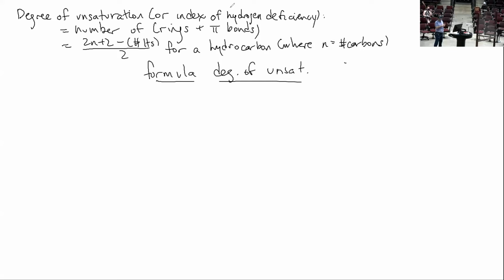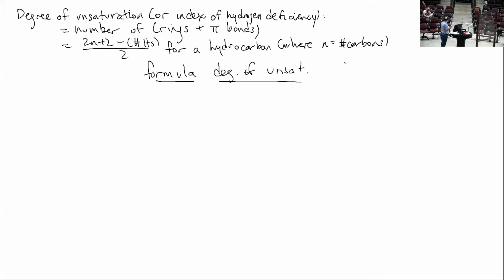And that goes for larger molecules too. It doesn't even matter if the pi bond is between carbons. You can make triple bonds that way. A triple bond will just count as 2 pi bonds, so it will take up 2 degrees of unsaturation. But that's always going to hold. You will find there are no exceptions. In order to form a pi bond or a ring, you must take away 2 hydrogens. Good. So that's basically how this definition works.